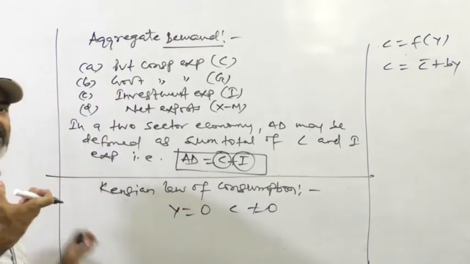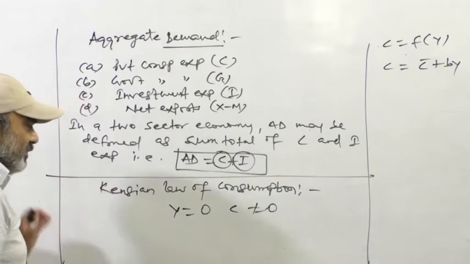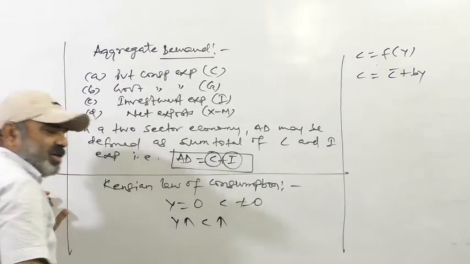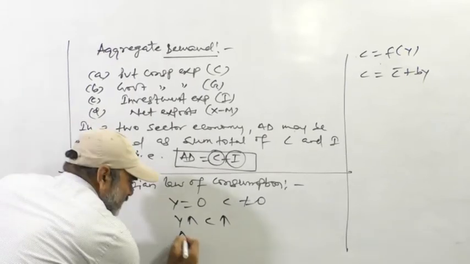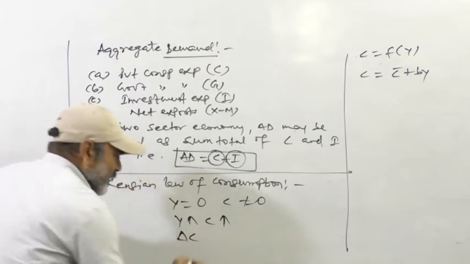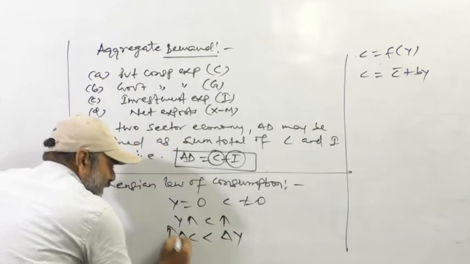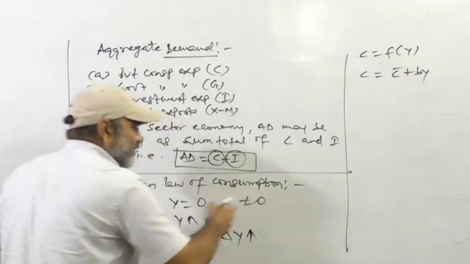A minimum amount of consumption is a must for keeping the body and soul together. And when income increases, consumption expenditure also increases. But point to be noted that increase in consumption expenditure is always less than increase in the level of income. This is Keynesian psychological law of consumption.